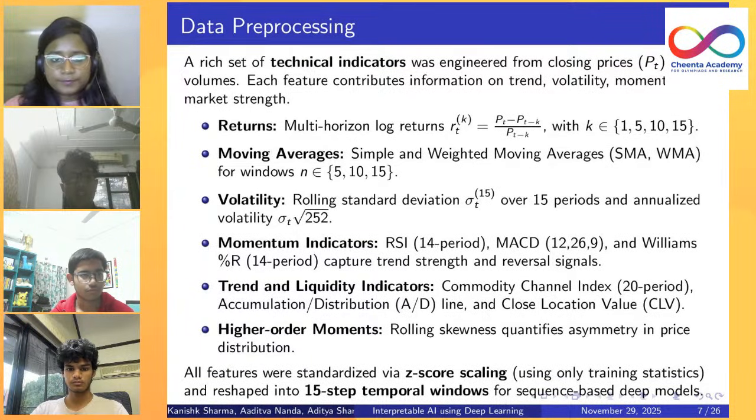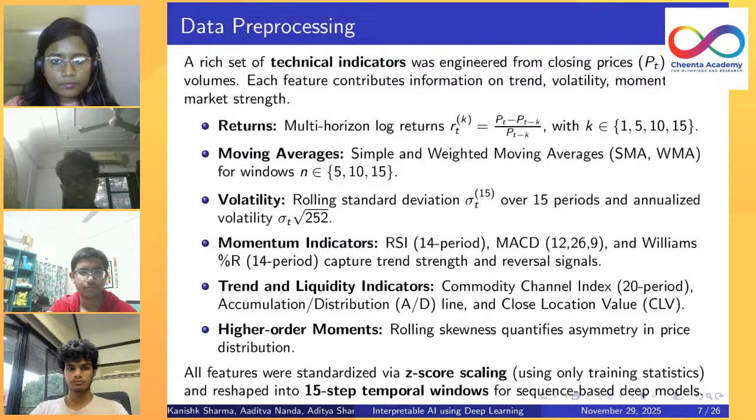Okay, so once the data is clean, we now engineer our feature set, in which each feature contributes information on trend, volatility, momentum, and market strength. The engineered features belong to two broad categories: technical and regime indicators.